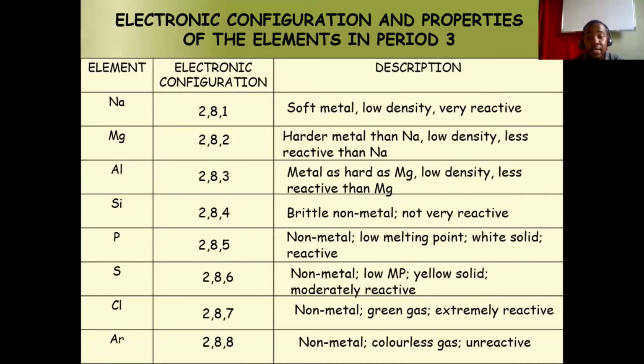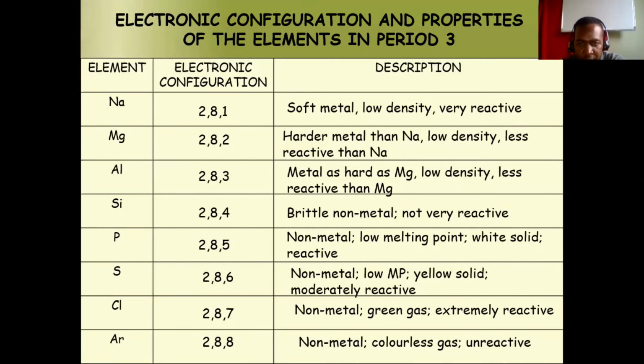So we notice between the metals, from sodium to aluminum, from left to right, it starts off as a solid, it's soft, gradually becoming hard. All are low density, right? And it starts off very reactive and moves to less reactive.